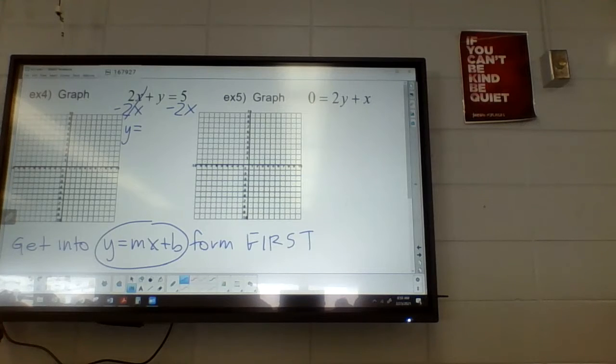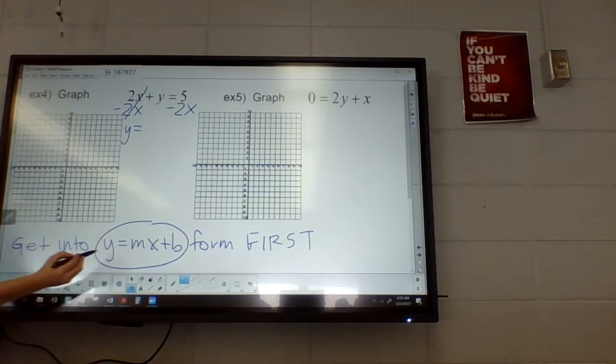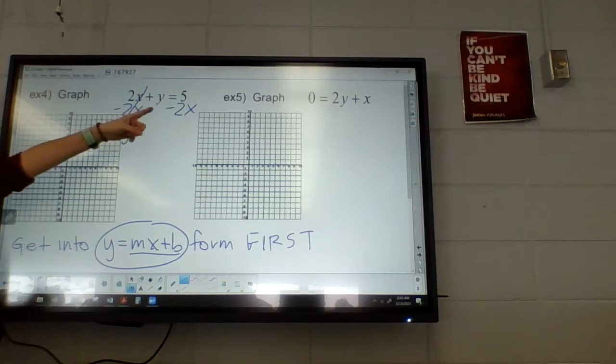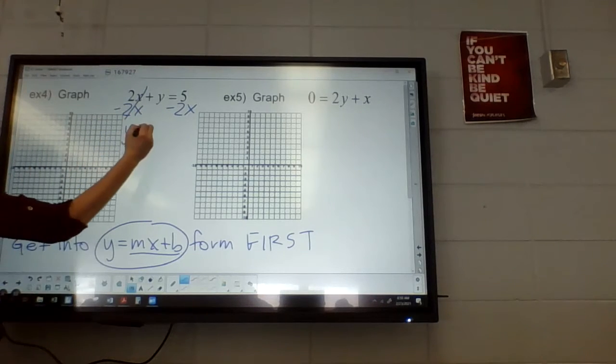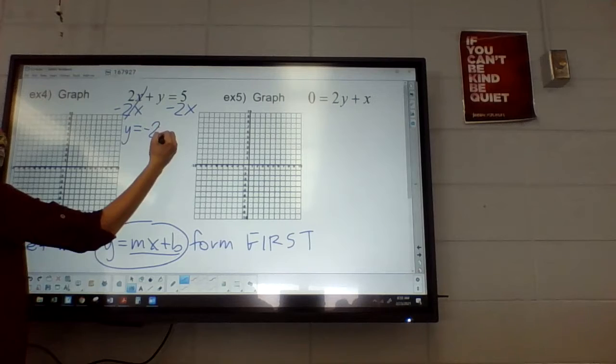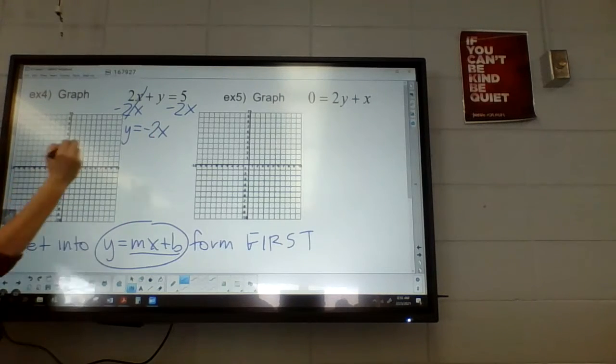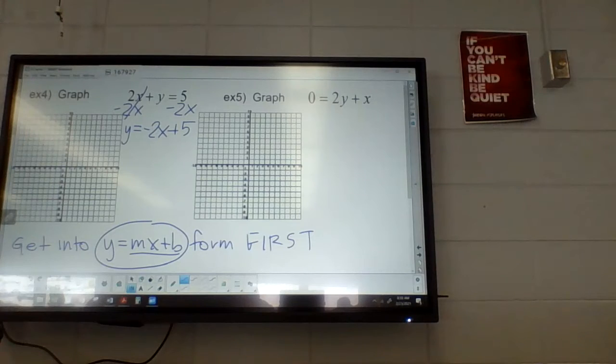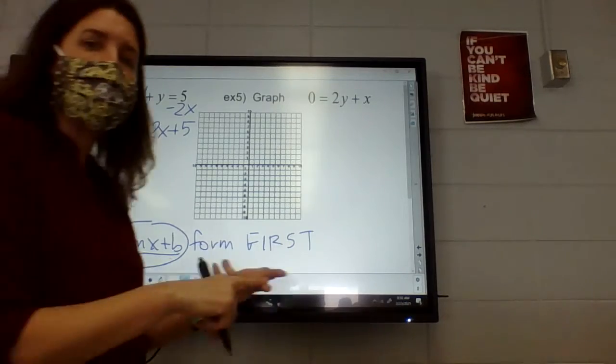Because the 5 doesn't have the x. I want the mx term first. So I can choose to just write negative 2x first, and then the 5 is positive, so I can write plus 5. This is helpful because now it's really easy to see what my b is and what my m is.